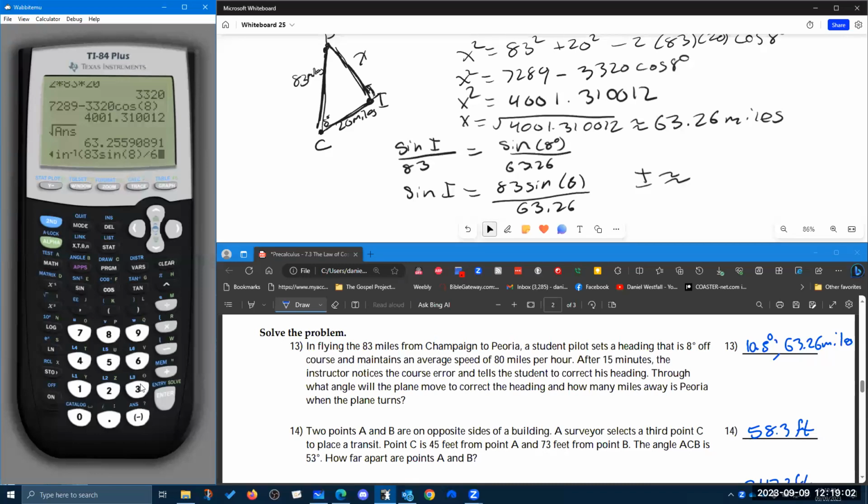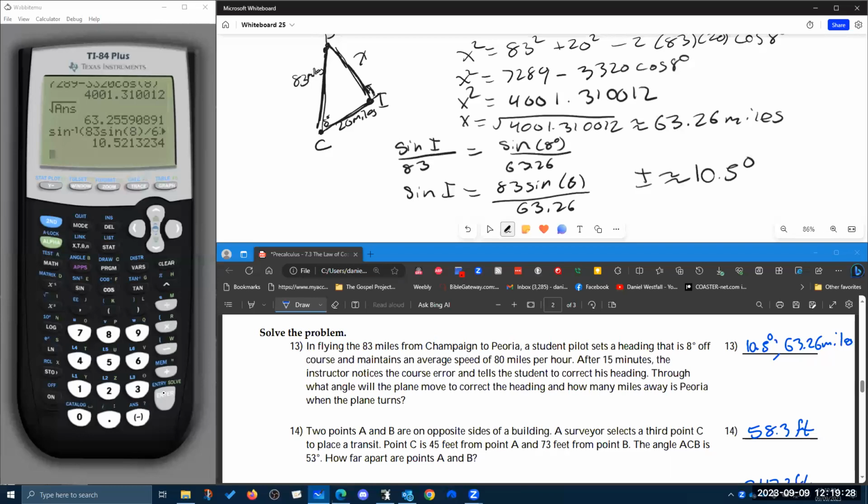That's not actually angle I, because angle I is going to be obtuse. This is actually the angle that I want, that is 180 minus angle I, but that's okay. This is what I'm actually looking for, that my turning angle is going to be 10.5 degrees. So I need to turn back 10.5 degrees.